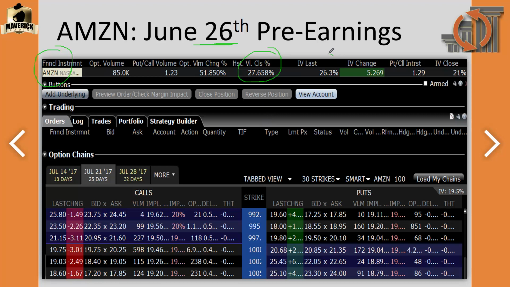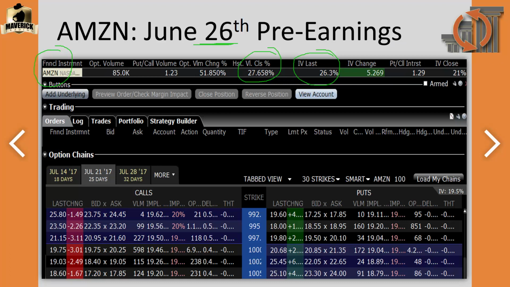The implied volatility for Amazon was at 26%. In this case, the implied is a little less than the historical. In other words, the markets right now are pricing this stock to move about identical to what it has typically moved, and a little bit less, actually. They're expecting a little lower implied volatility.